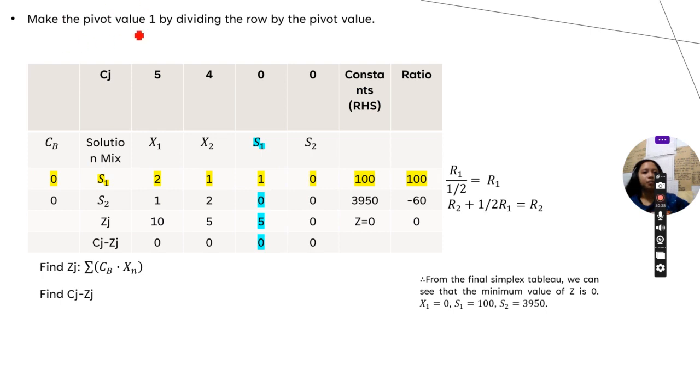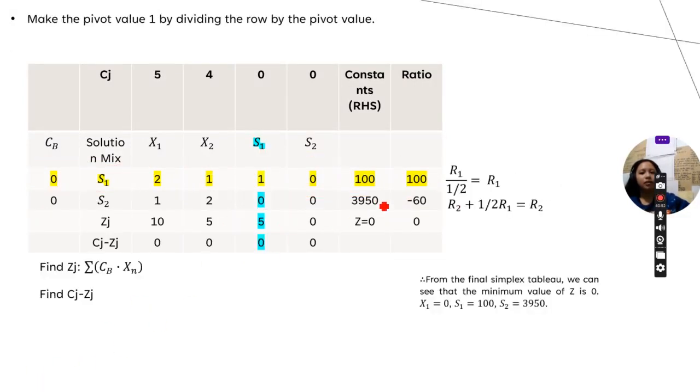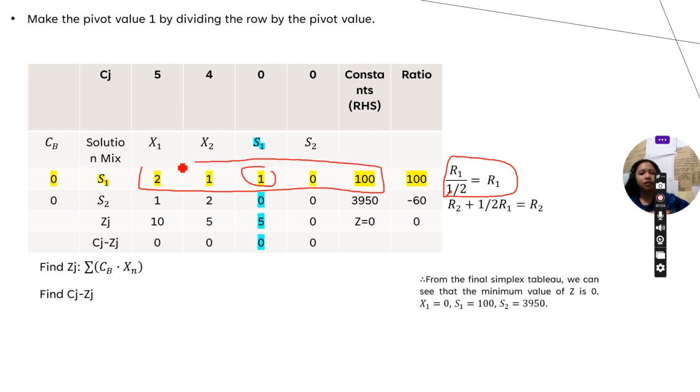The next step is to make the pivot value 1 by dividing the row by the pivot value. So our pivot value here is this 1/2. To make that 1, we use this formula. So 1/2 divided by 1/2 is 1. And let's use this formula to get this.